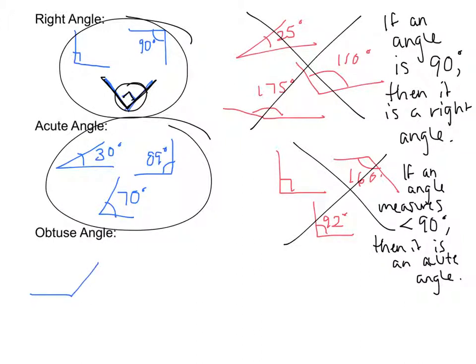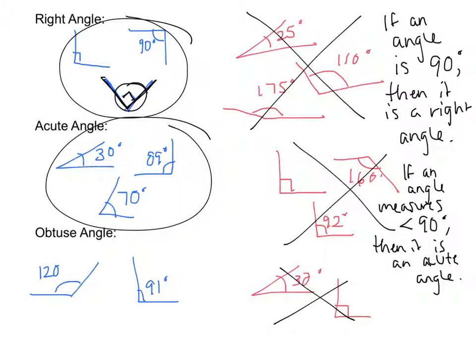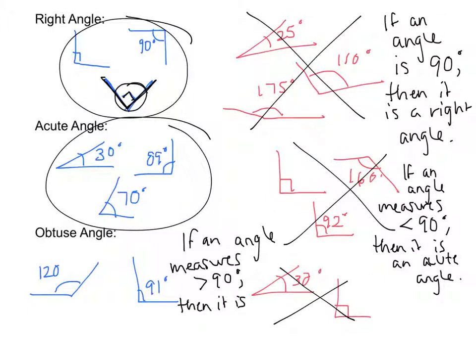And now we're going to do the same thing for obtuse angles, although the pattern may have become clear. So those two are obtuse angles, and these are not. So here we can say if an angle measures greater than 90 degrees, then it is an obtuse angle.